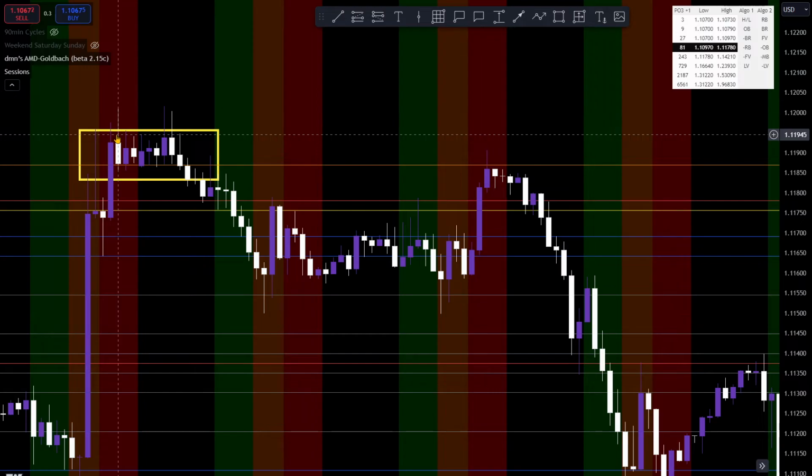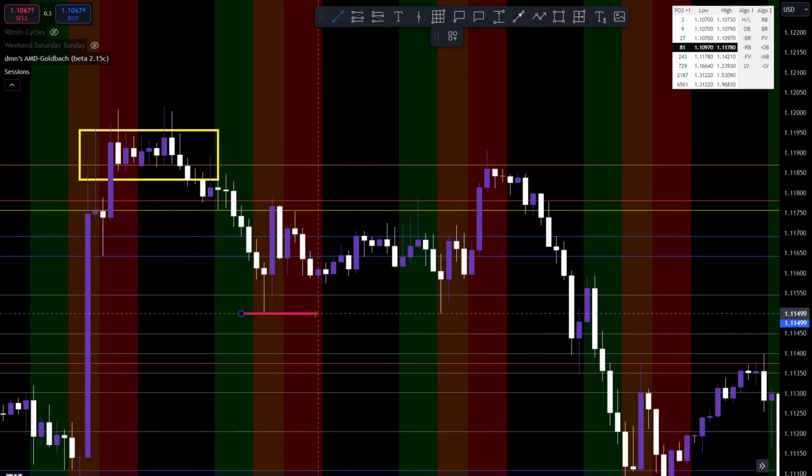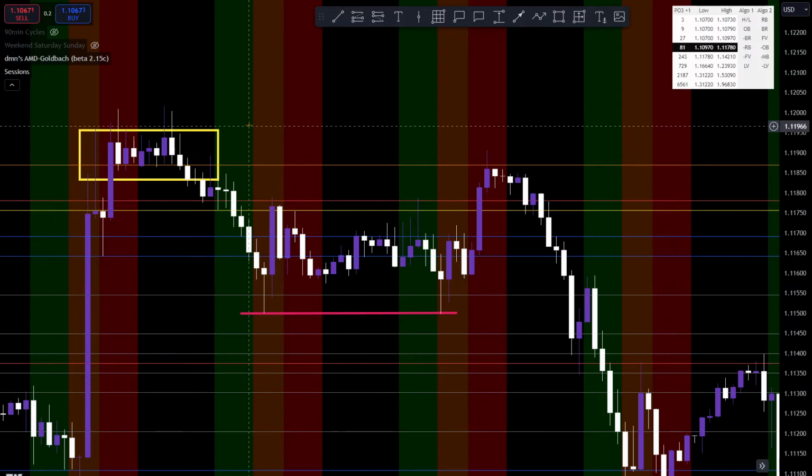Goes a little above it, but has trouble really breaking this. Now, when we drop down, we create liquidity here, equal lows. Just keep that in mind.